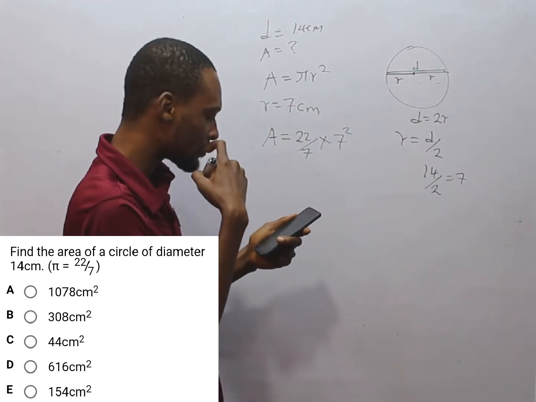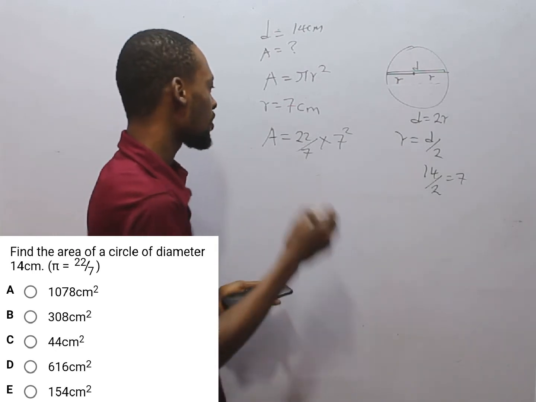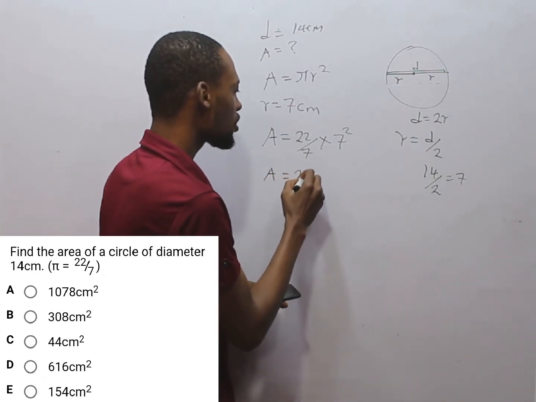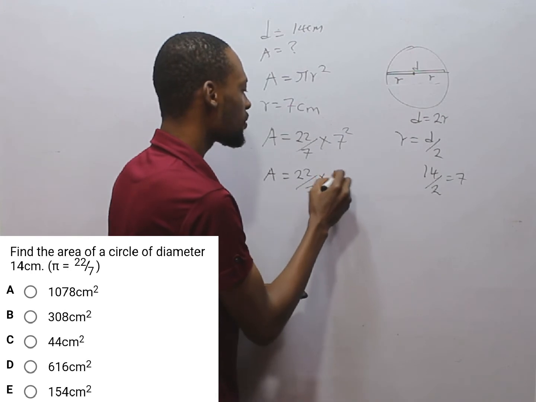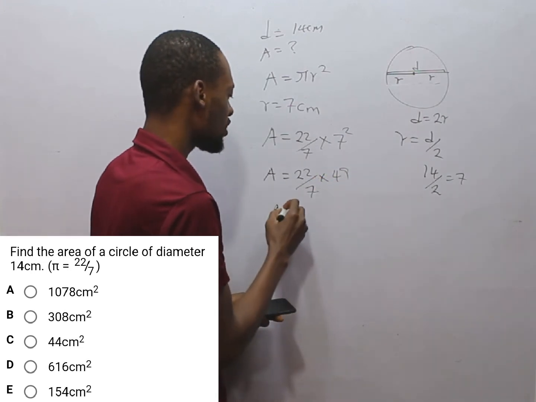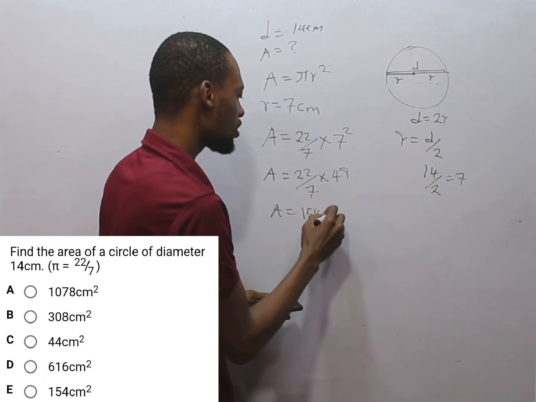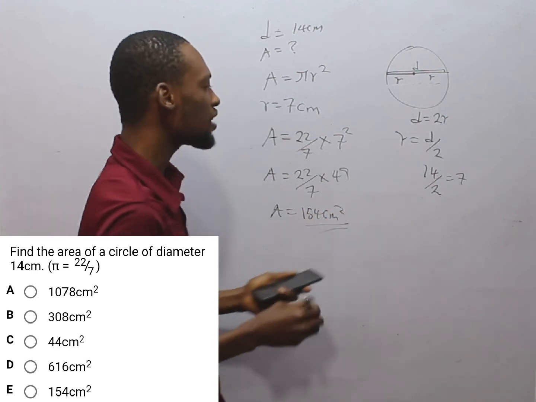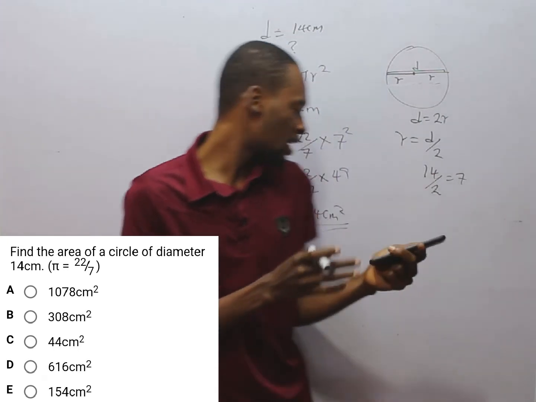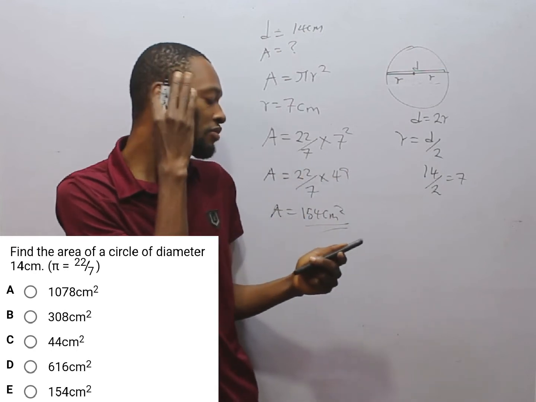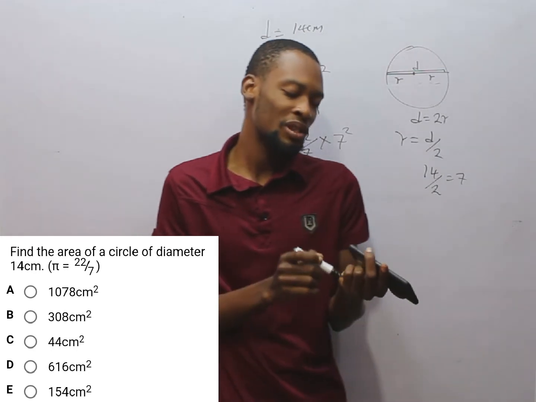Area is pi r squared, and this is simply a is equals 22/7 times 49. Area is equals 154 centimeter squared, because 7 squared is 49 and 22 times 49/7 is 154 centimeter squared.